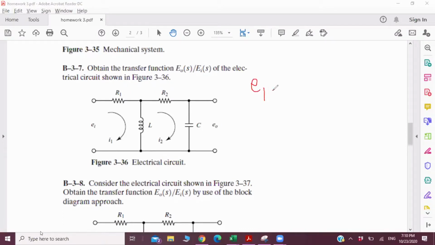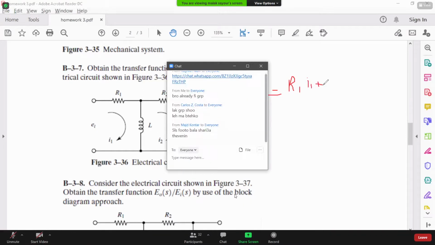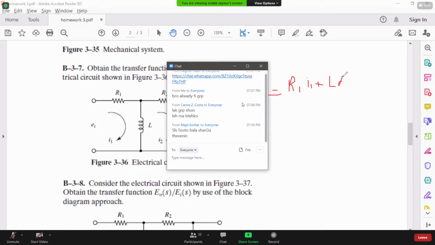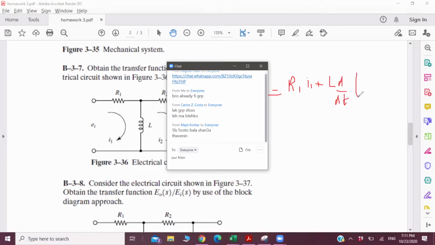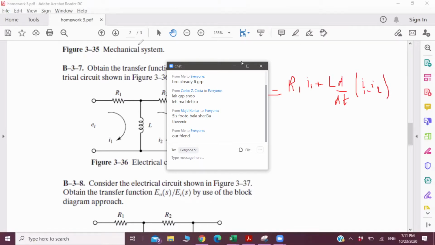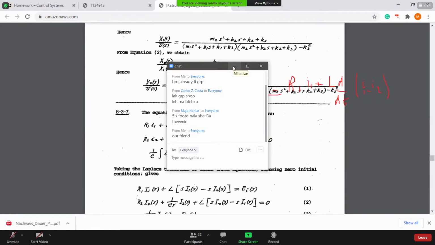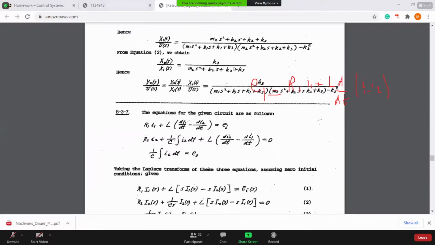E1 equal to R1 I1 plus L d/dt of (I1 minus I2). Let me check if I made a sign mistake. Okay, 100%. So that's it.